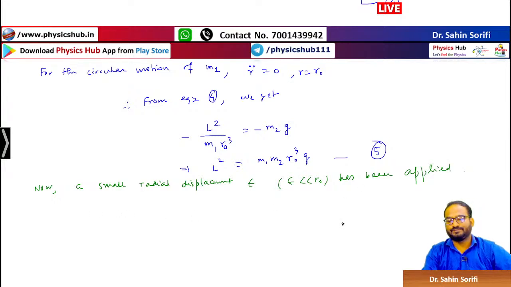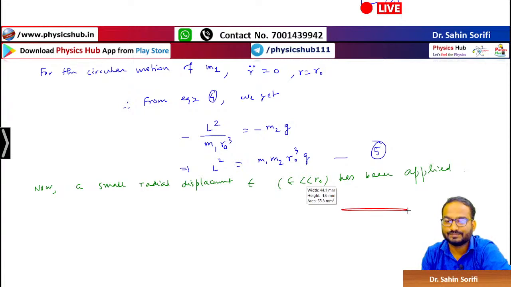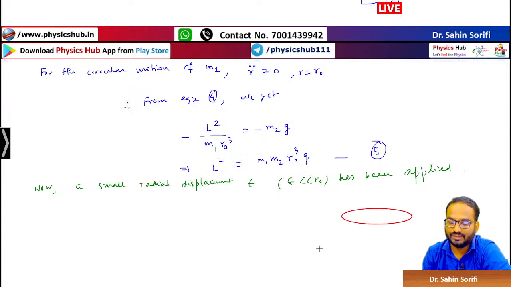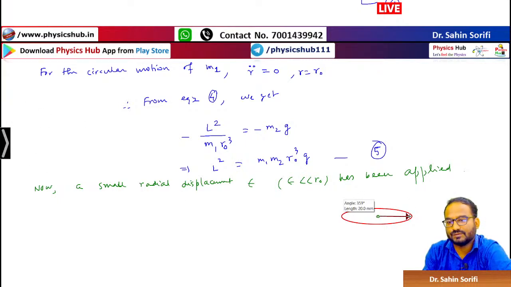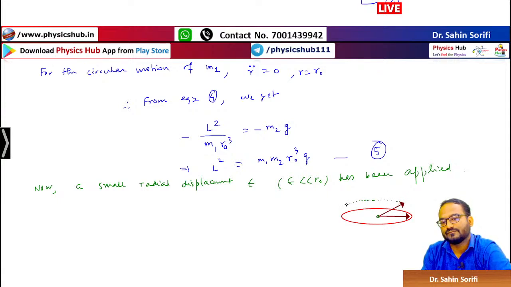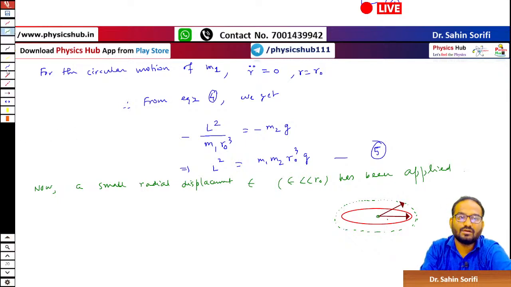So look, previously it was moving in a radius of r naught. If you give a radial displacement of epsilon, let's say, it can go up to this radius.